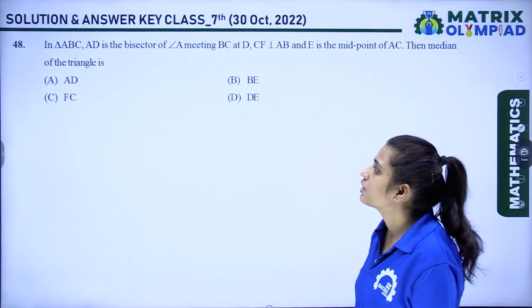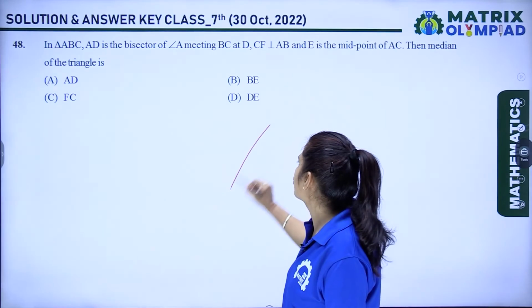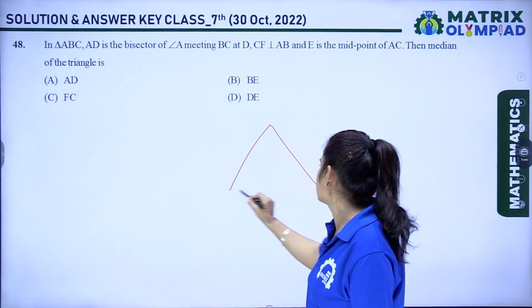Next question is, in triangle ABC, let's draw a triangle ABC.